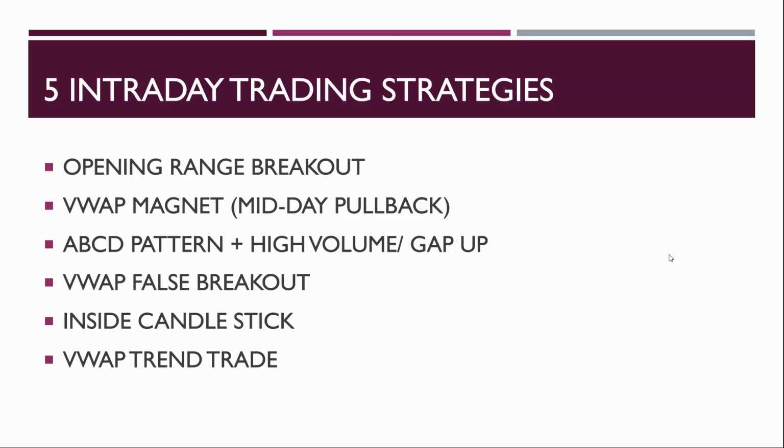These three happen early in the morning, while VWAP false breakout and inside candlestick happen in the midday, closer to 10:30 to 12:30. VWAP trend trade can be taken after this midday false breakout happens.